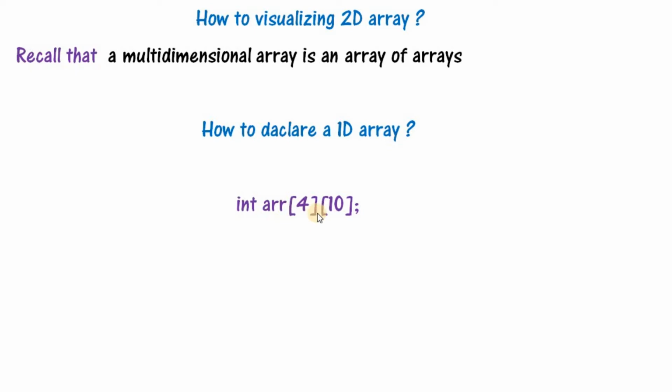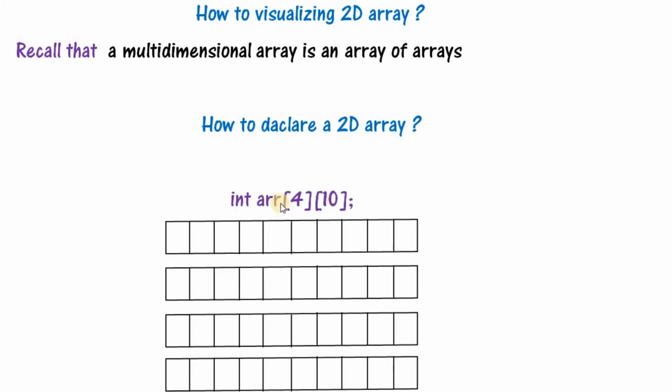Now, if we add one more dimension over here, then it becomes a 2D array. But how can we visualize it? This simply means we require 4 such 1D arrays instead of 10 blocks. That is 4 1D arrays which consist of 10 blocks each.